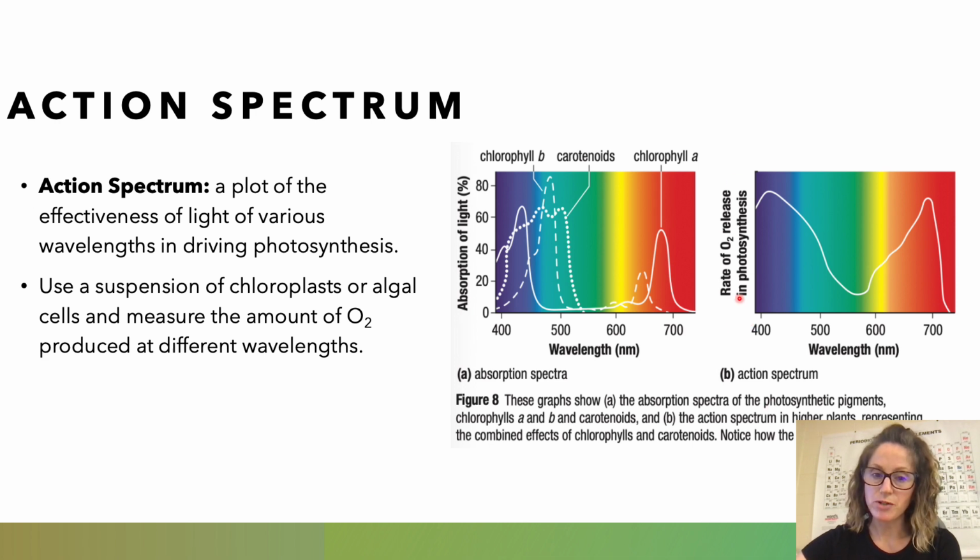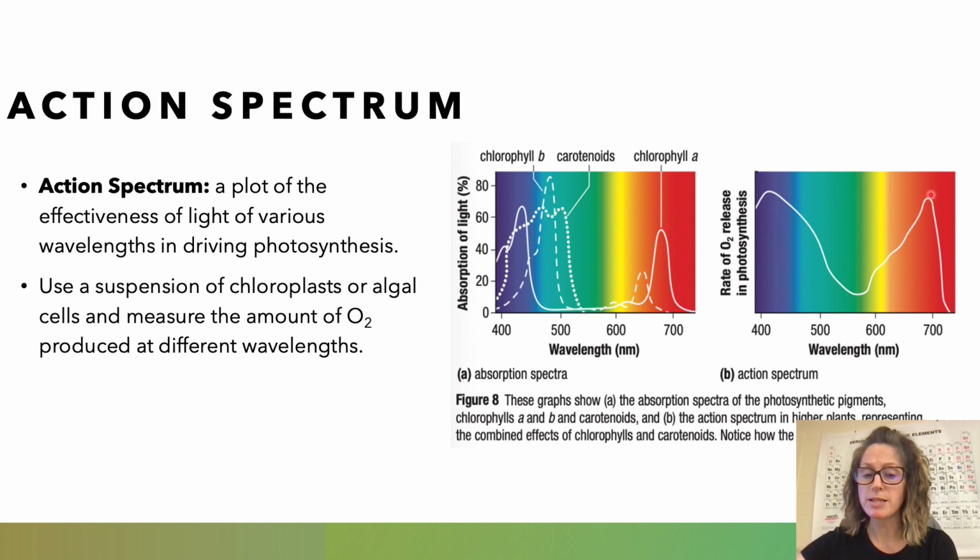So let's look at this graph. We have the rate of oxygen released in photosynthesis, and we have our different wavelengths of light. We have a high production of oxygen when the chloroplasts are given blue light, not much when given green and yellow light, and again another peak with the red light.